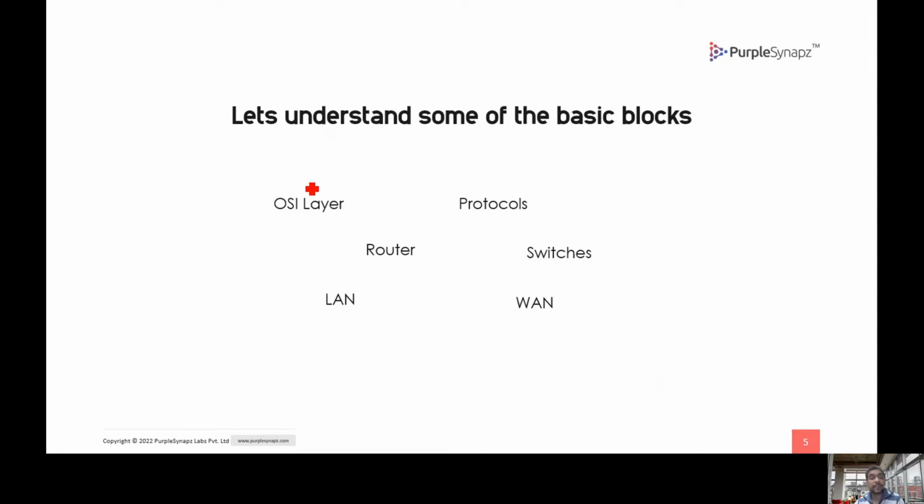Now, the takeaway from this lecture is that there are certain building blocks of the networking world. Number one is called the protocol, which we are going to learn. Then, using these protocols, what is the standard that is followed, organized worldwide, in order to communicate with each other? And using those standards, what are the different basic components which help you communicate?